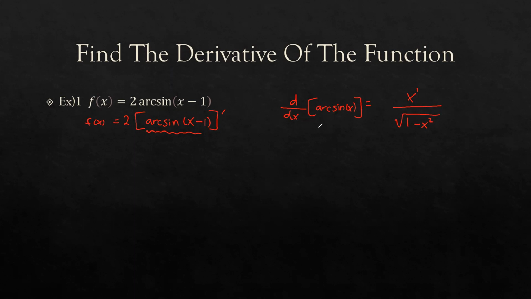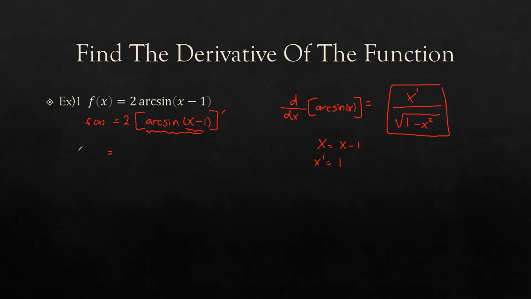What else do we know? So what would be our x? The thing is, our x is not x, it's actually this whole thing. So our x is actually just going to be x minus 1. And then x prime is just positive 1. Okay, so we have to follow this rule.